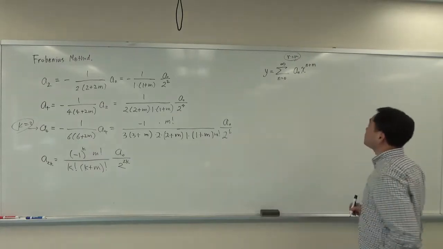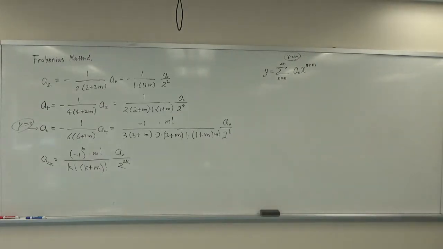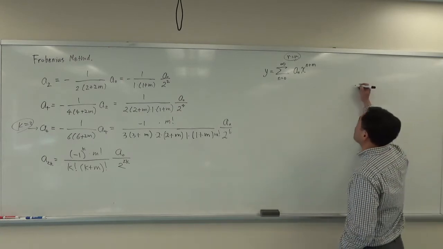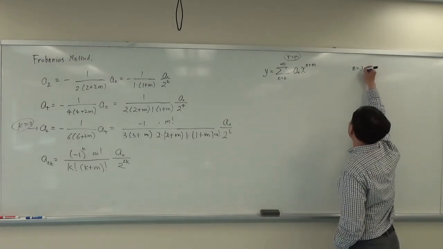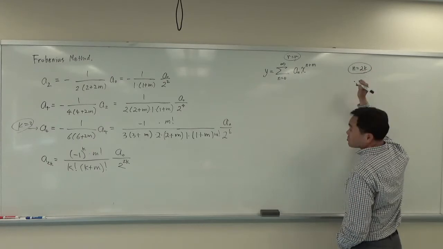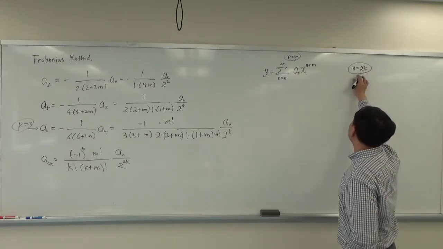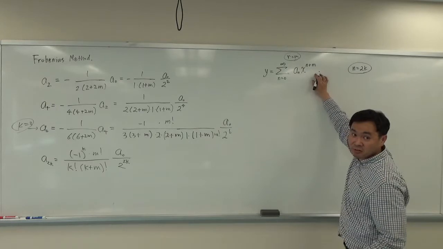So that's what we have. And it turns out that for odd n, it disappears. And when n is equal to 2k, that was the language we're using, right? When n is 2k, then this is non-zero, right?